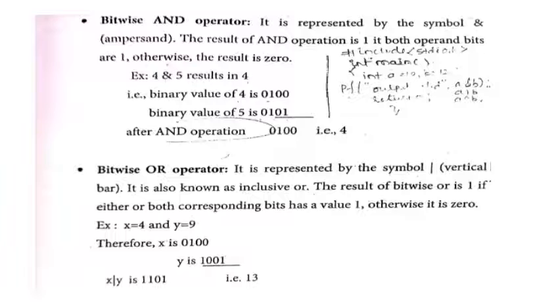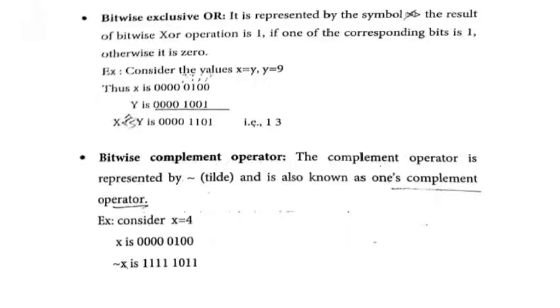The binary 1 1 0 1 converted to an integer is 13.